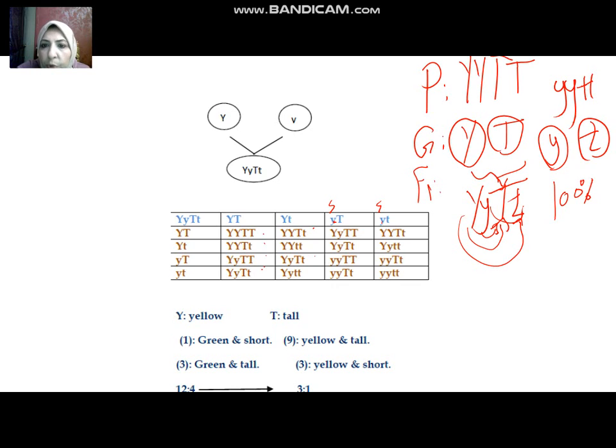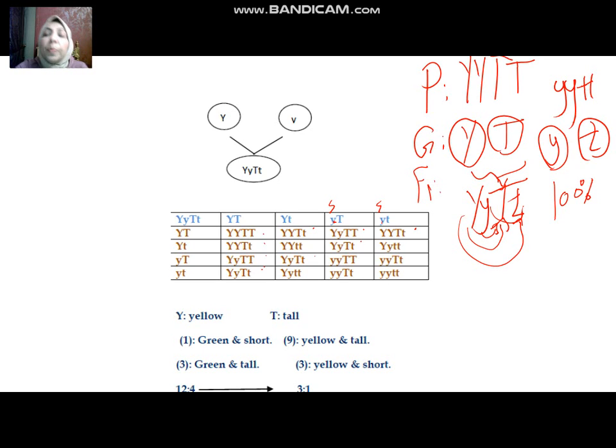Here, two dominant traits and two dominant traits, and the first one is recessive while the second one is dominant. The same in the other one. Two dominant traits. Here the first one is dominant and the other one is recessive. Here the first one is recessive and the other one is dominant, and here the two traits are recessive traits.